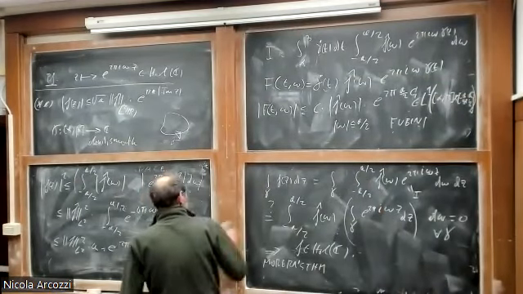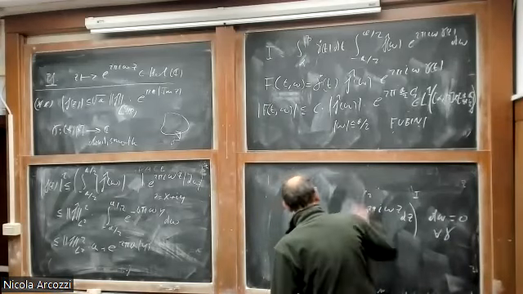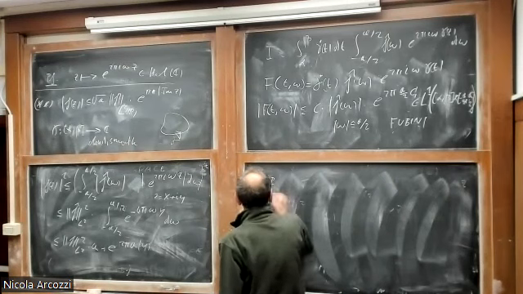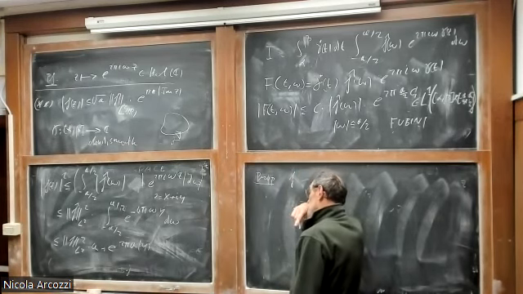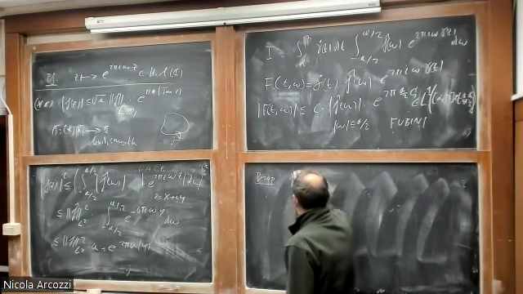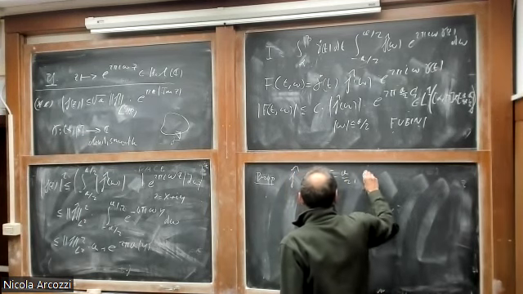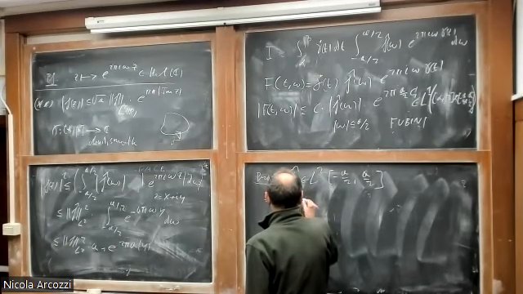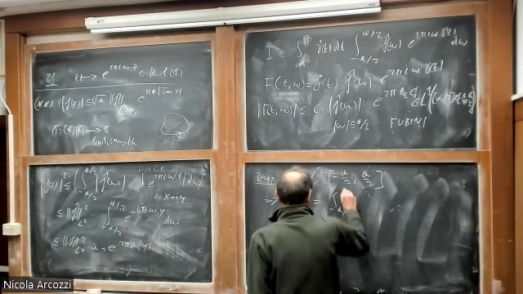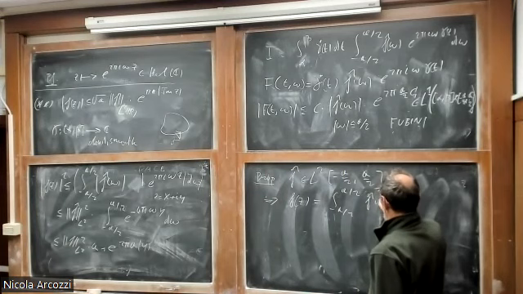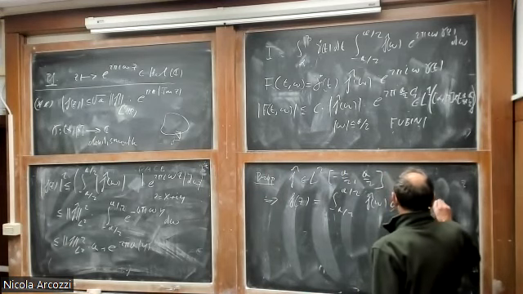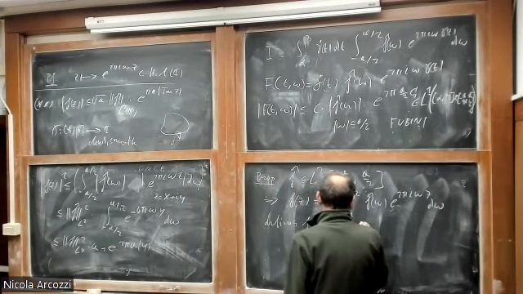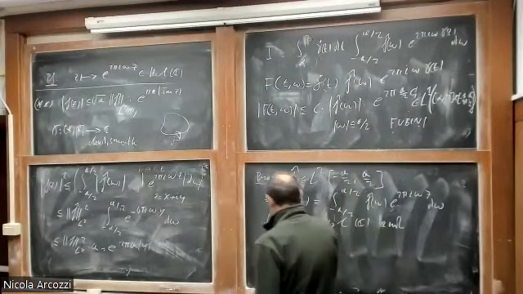So let me, the proposition said that if f hat is in L2 with support in the interval, then f of z, let's say f hat of omega e to the 2 pi i omega z, omega defines the function f, which is holomorphic, and it is of exponential type.